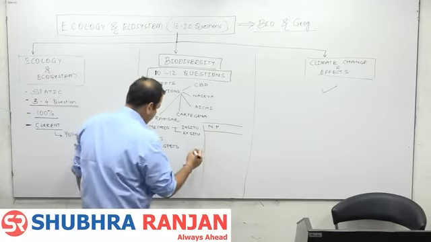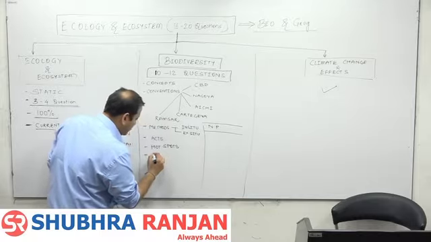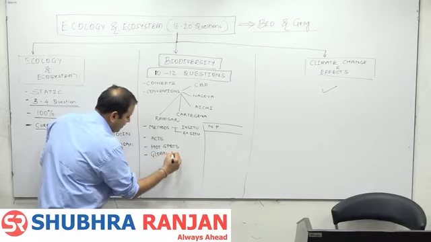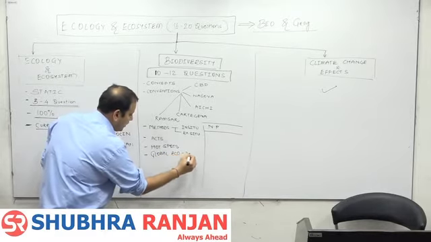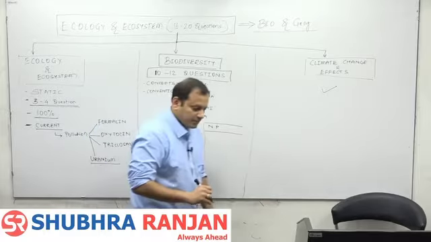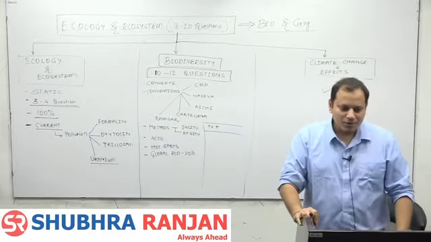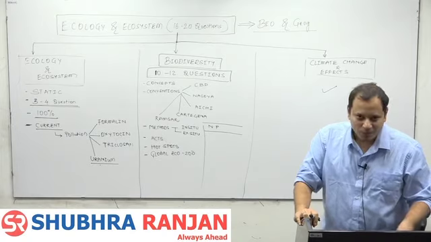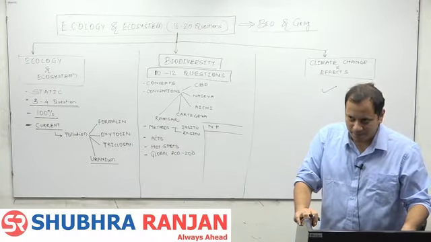Then what will come is some of the new topics, I don't know whether you have heard about them, global eco 200, have you heard? Global ecological regions, which is done by World Wildlife Forum. Fine.